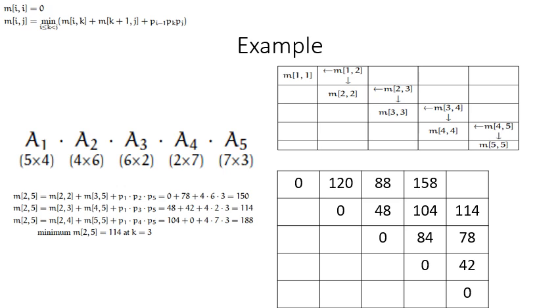Similarly, for this we are multiplying matrix 2 with 5. So the possible values of k can be 2, 3, and 4. Putting these values in this equation, we will get three values, and we will select the minimum of these three, and the minimum is 114, that is obtained when the value of k equals 3.